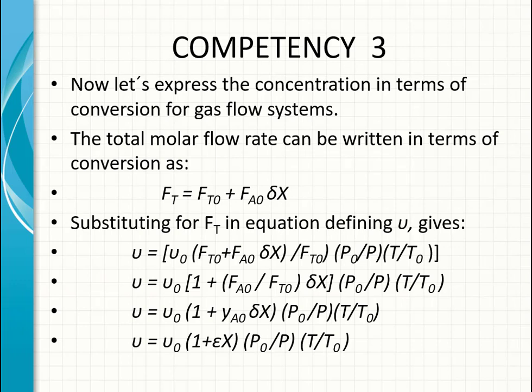So rearranging terms and recalling that yA0 delta is epsilon, we will have that v, the volumetric flow rate at the exit, is going to be v0, the volumetric flow rate entering the reactor, times 1 plus epsilon X times P0 divided by P times T divided by T0.